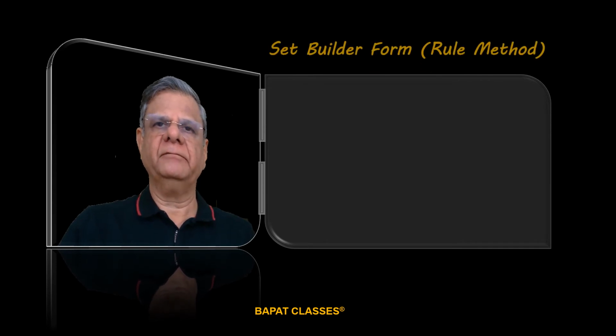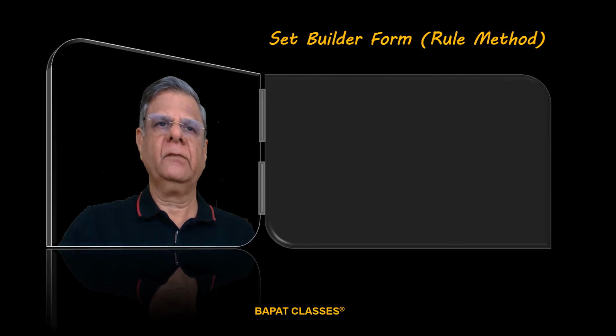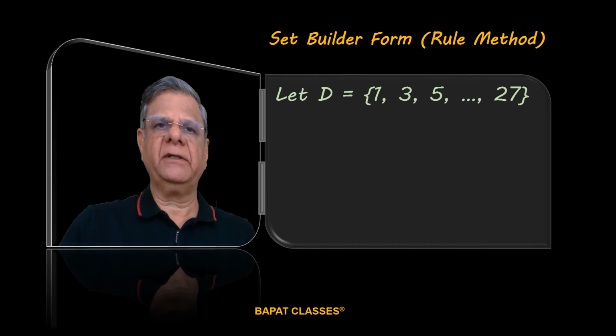Set builder form. In the set builder form, state the rule defining all elements of the set. For example, let D be 1, 3, 5, dot dot dot, 27.